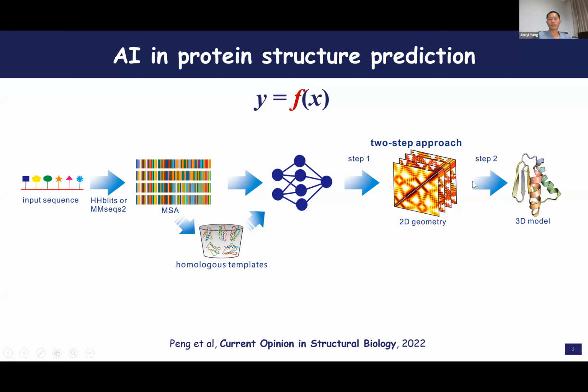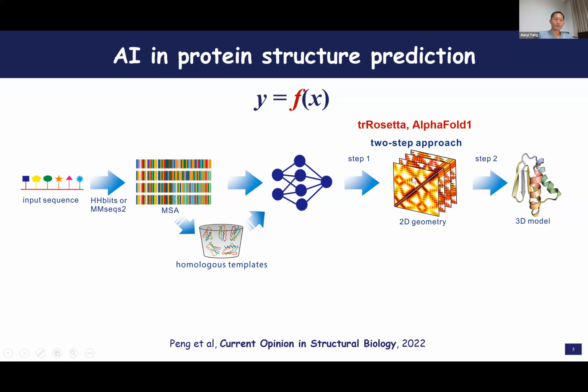Then the second step is to recover the 3D structure from this 2D image. There are two most representative methods of this kind. Probably the first one is AlphaFold 1, and inspired by AlphaFold 1, we developed trRosetta.